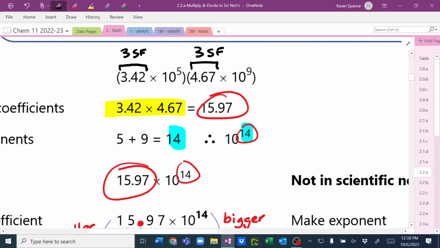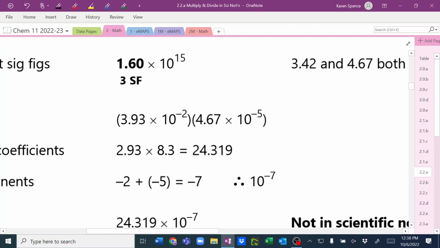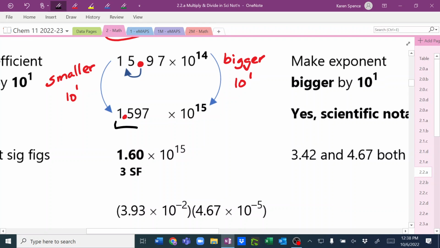So we would then have in our answer how many Sig Figs, because we're multiplying? We would have 3. So we would then round to 3 Sig Figs. We look to the right, that's bigger than 5. So we round up, and that would give us 1.60. Is that good? Okay.